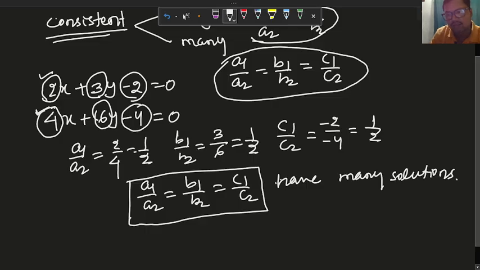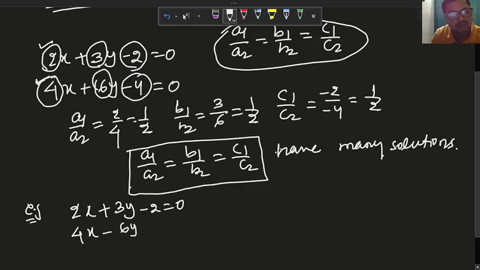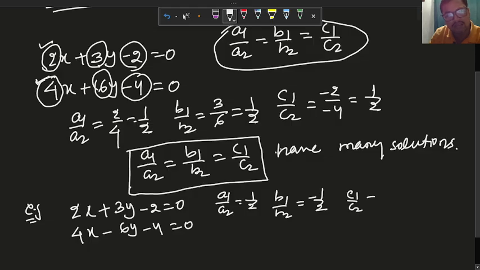Again, another example. Suppose the equations 2x plus 3y minus 2 equal to 0 and 4x minus 6y minus 4 equal to 0. Here a1 by a2 equal to 1 by 2, b1 by b2 equal to minus 1 by 2, c1 by c2 equal to 1 by 2.